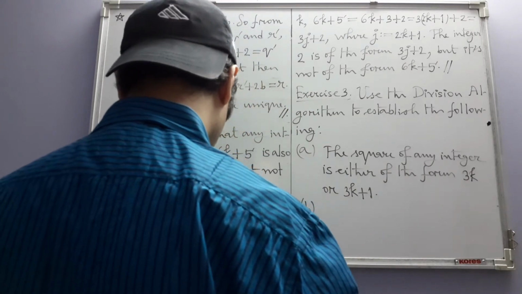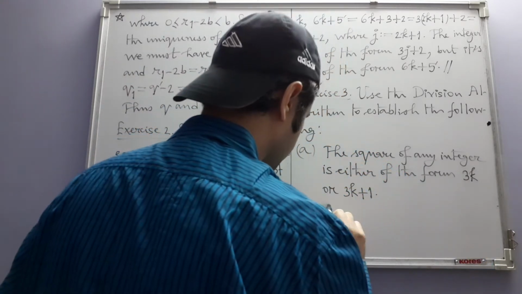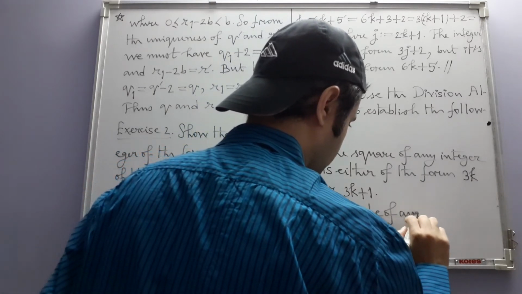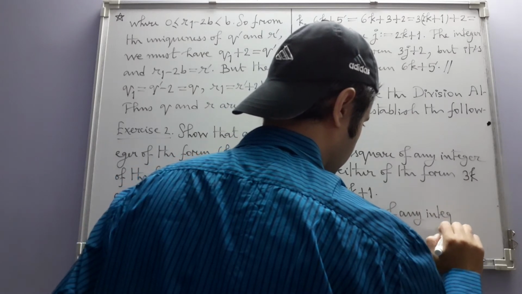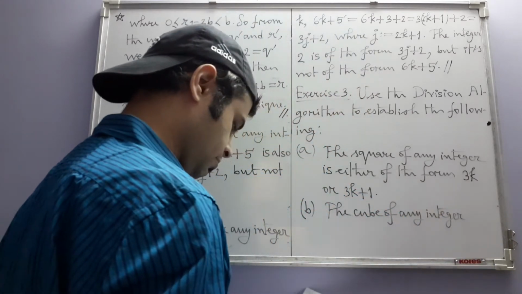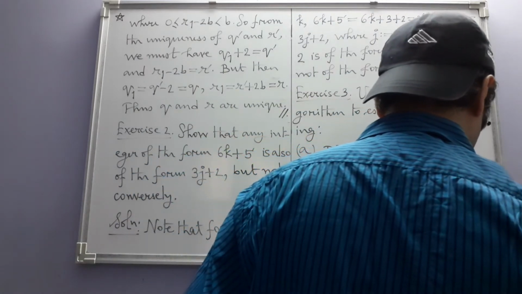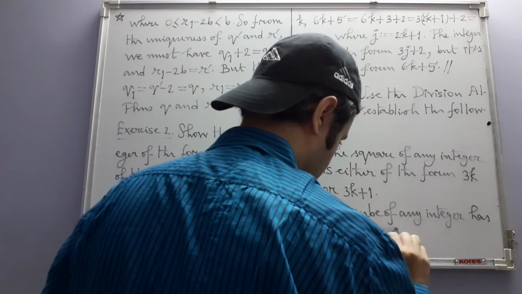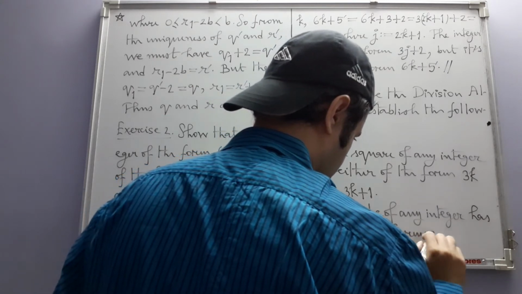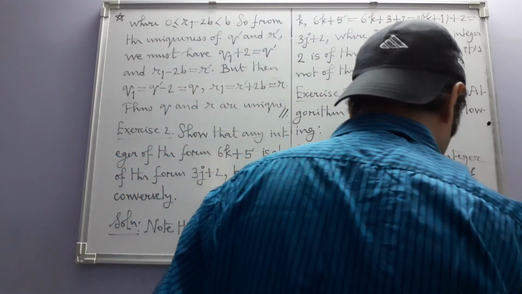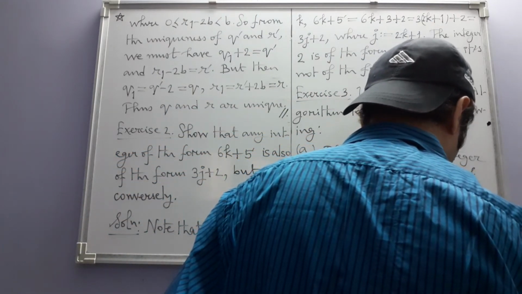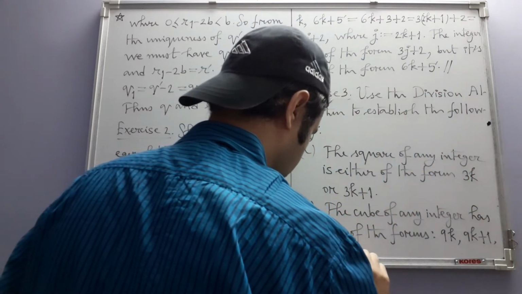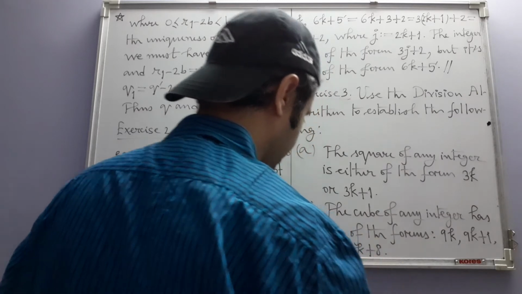Okay, then part B, the cube of any integer has one of the forms 9k or 9k plus 1 or 9k plus 8.